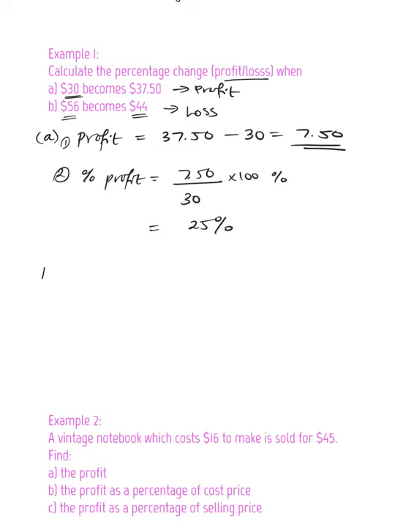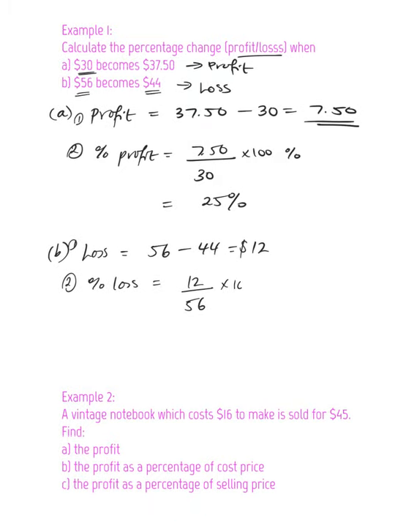Now the next example is in terms of loss, so we need to find what the loss is. And to do that, it's $56 take away 44, so we have a loss of $12. Now that's part one, and part two is to find the percentage loss. Again, that's $12 over 56, the original amount, times by 100%, and that gives us 26.785%.